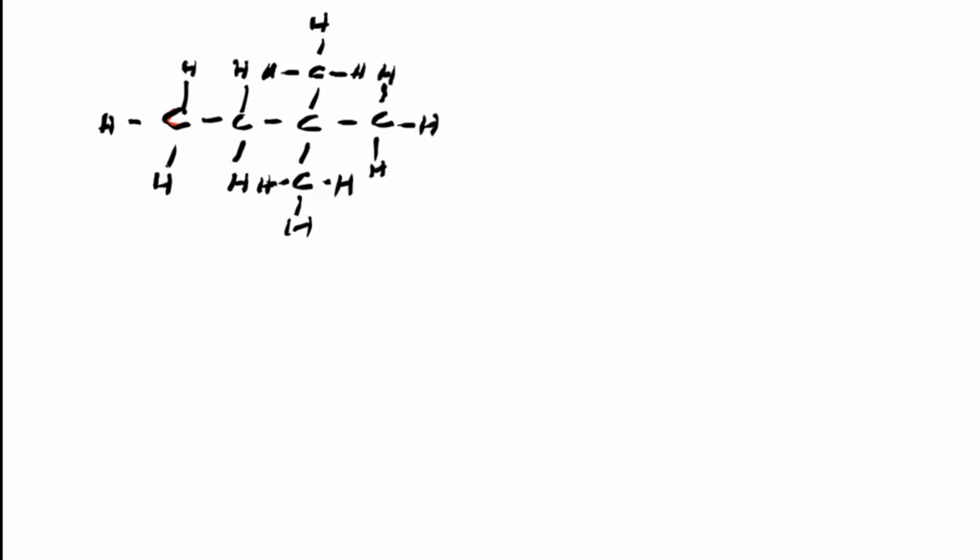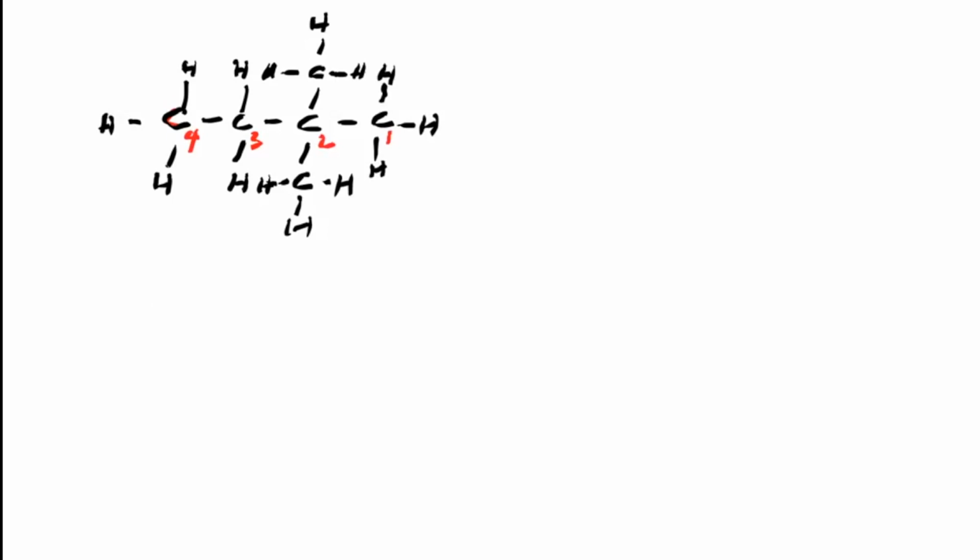So here we have 2 methyl groups. The longest chain, whichever way you want to take it, is 1, 2, 3, 4. We could have taken it another way. We could have called this one 1, this would be 2, 3, 4. But we're just going to go for simplicity purposes. All right, so to name this, let's go.